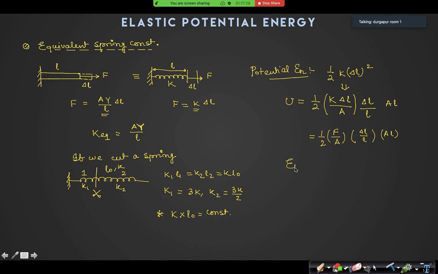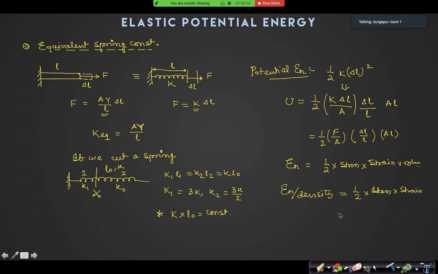So energy stored is equal to half into stress into strain into volume, or energy density is equal to half into stress into strain.